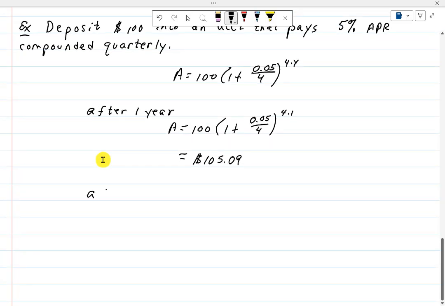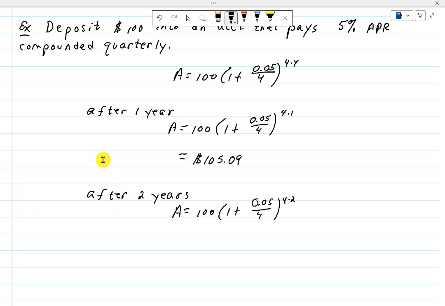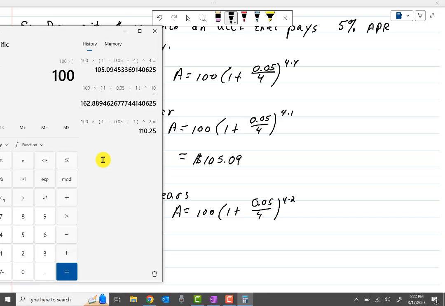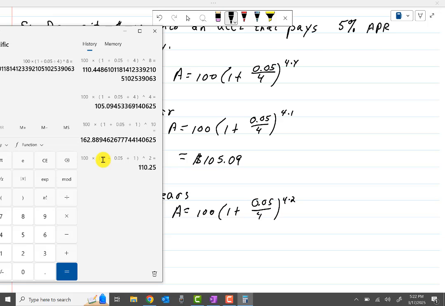After 2 years, we have A equals 100 times 1 plus 0.05 over 4 to the 4 times 2. 100, start my parenthesis, 1 plus 0.05 divided by 4, finish the parenthesis, and take it to the 8th power. Here I have 110.45.